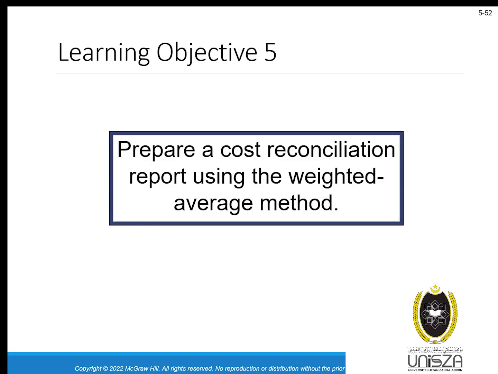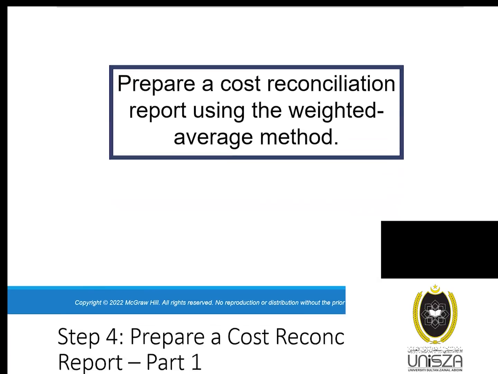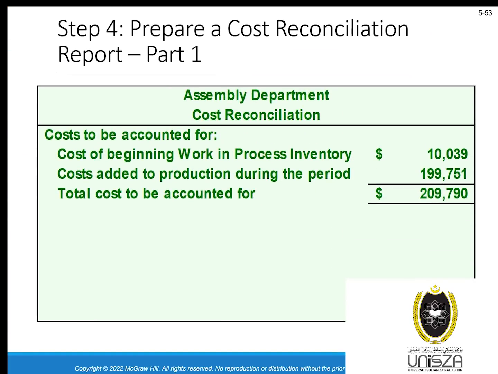And then prepare a cost reconciliation report using the weighted average method. So now we're going to make the reconciliation. The cost of the beginning WIP inventory and the cost added to production during the period is 209,790.